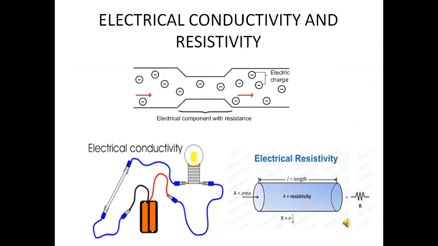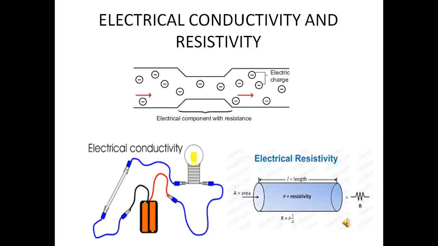So the resistance of a component is the ratio of the potential difference across it to the current flowing through it, R equals V by I. R is the resistance, V is the voltage and I is the current. So the SI unit of resistance is ohm.